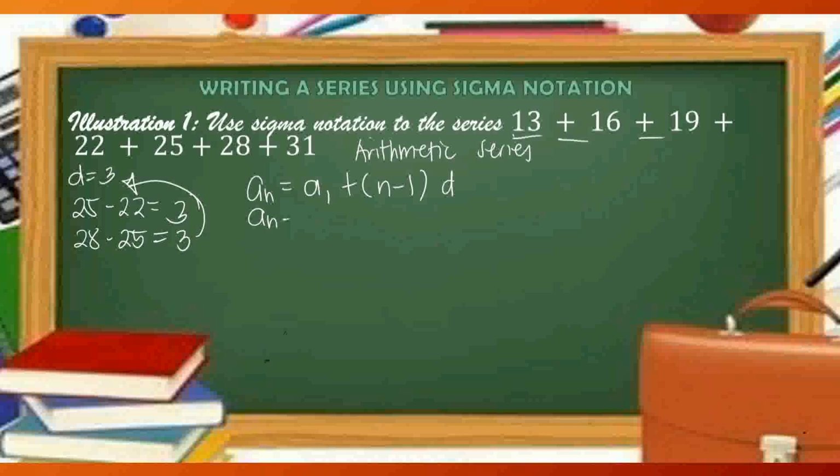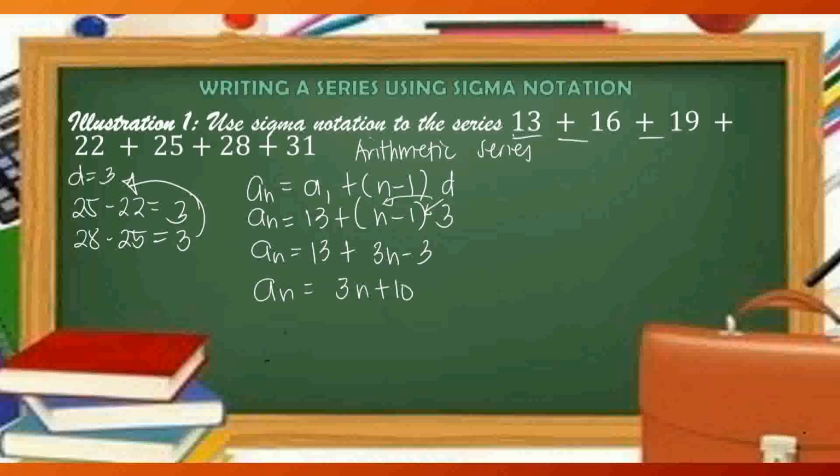So let's substitute our values. a sub 1 is 13 plus n minus 1 times 3. Let's simplify this equation. So a sub n is equal to 13 plus 3 times n, so 3n minus 3. So a sub n is equal to 13 minus 3 is 10, 3n plus 10.